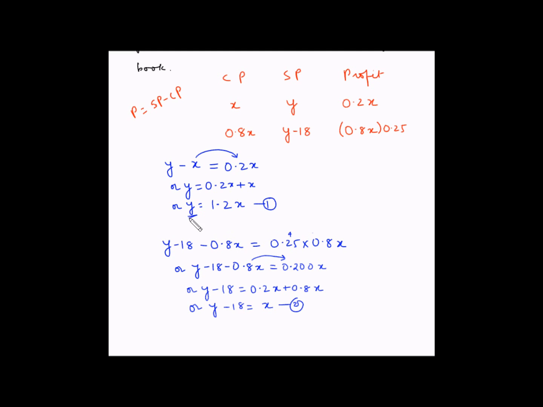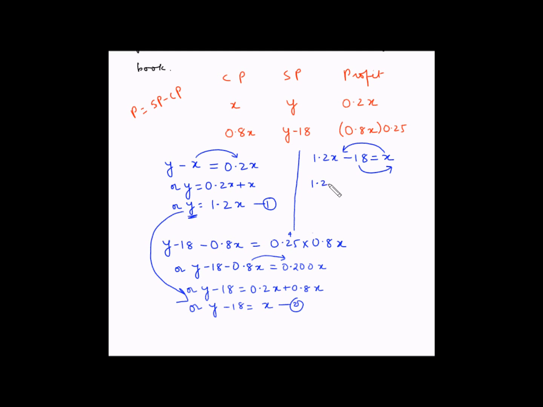Now let's put the value of Y in this equation. So here Y minus 18 is equal to X and Y is equal to 1.2X. So instead of Y, we'll put 1.2 times X minus 18 is equal to X. So let's bring this X on this side and 18 on this side.